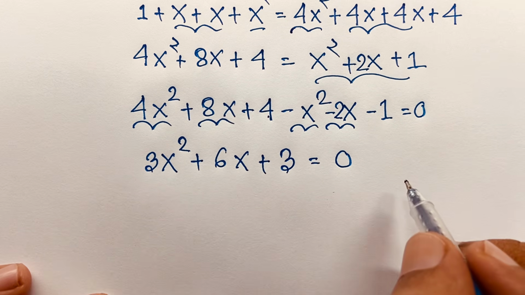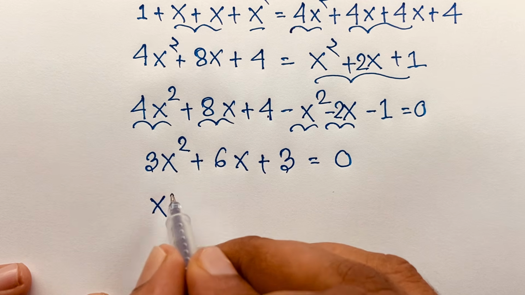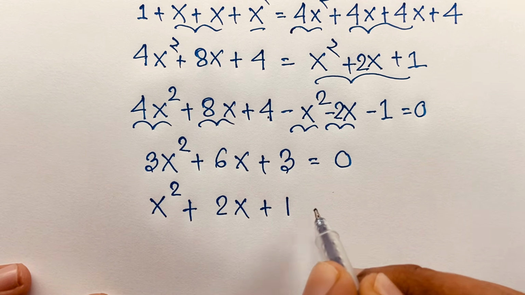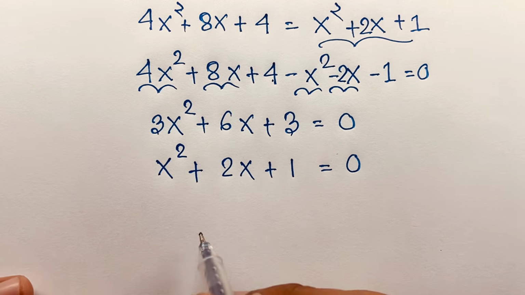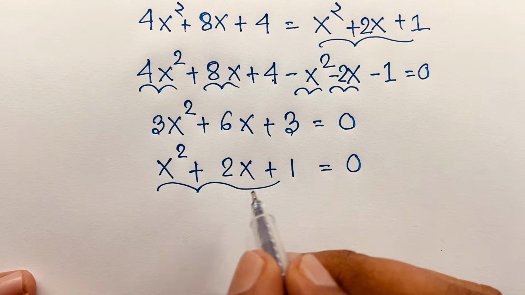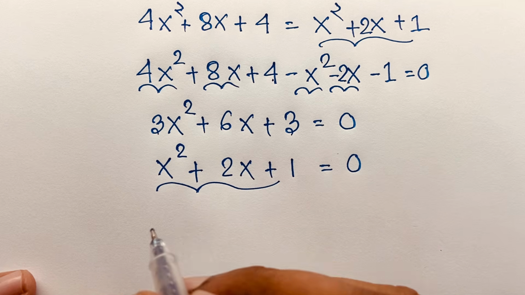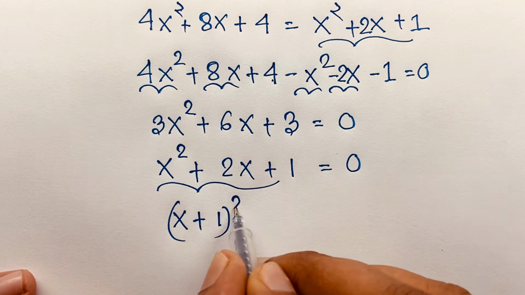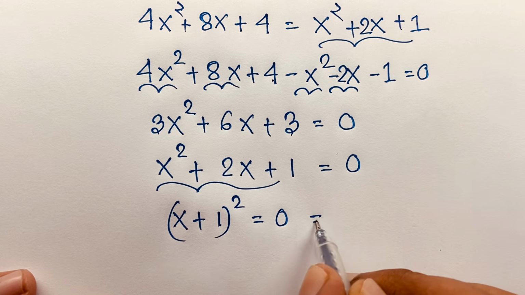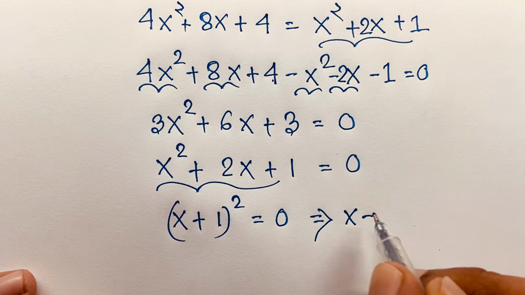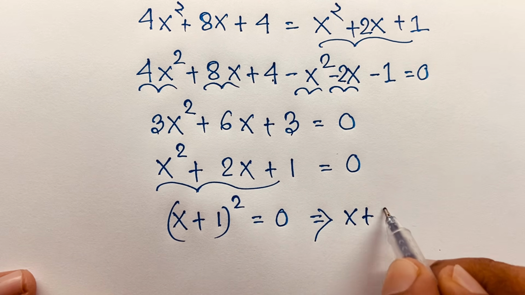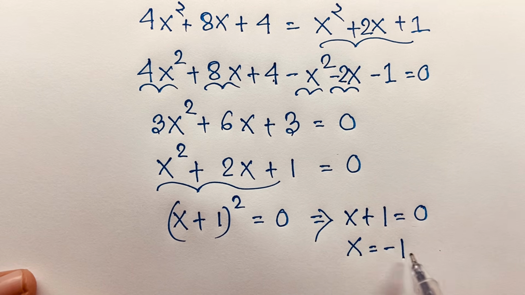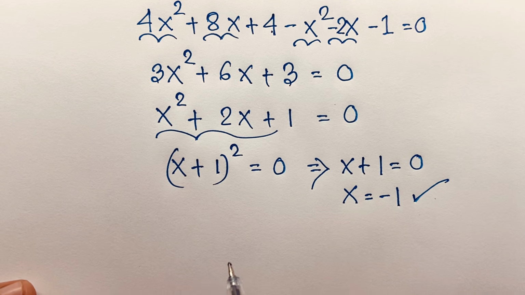Now if I divide both sides by 3, which is x to the power 2 plus 2x plus 1 is equal to 0. Now if I apply this formula, a square plus 2ab plus b square, so this is (x plus 1) to the power 2 is equal to 0. Now x plus 1 is equal to 0, then x is equal to minus 1. So we'll find out x is equal to -1.